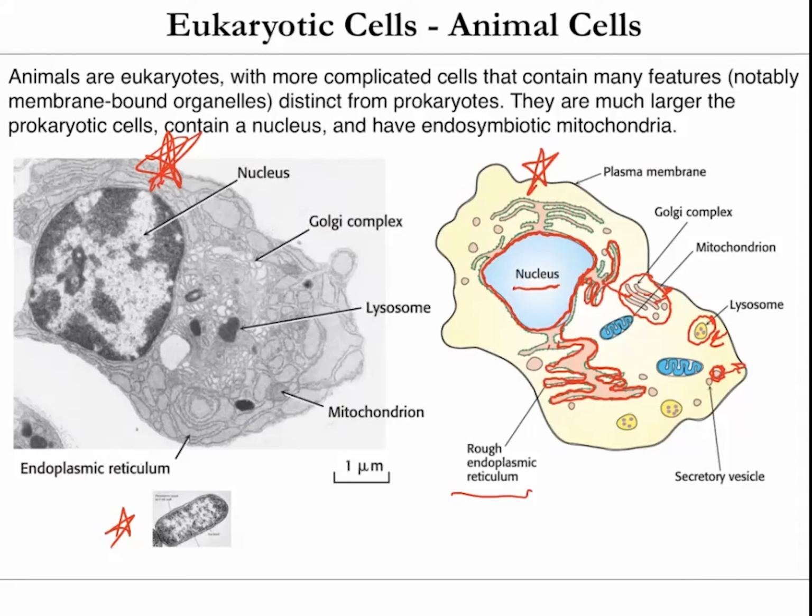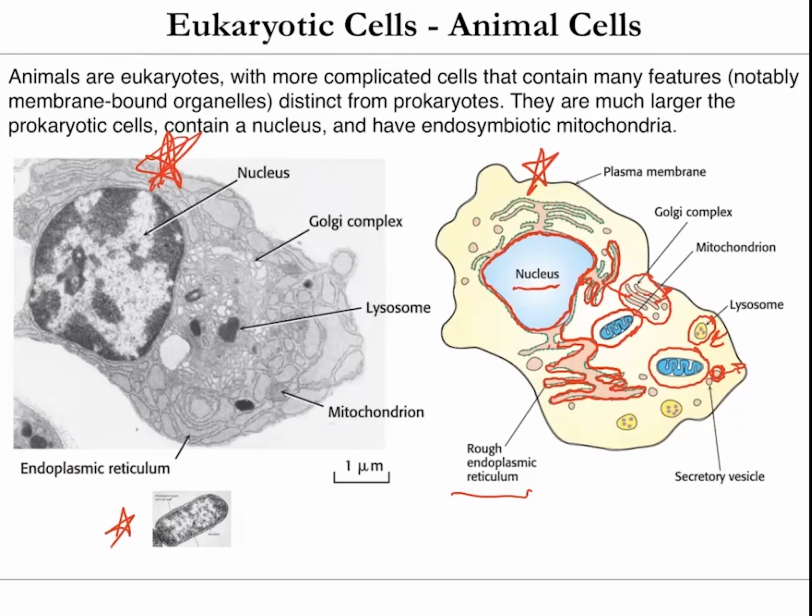One really interesting feature of eukaryotic cells that is related to prokaryotes but really distinct from prokaryotes is that they have these organelles called mitochondria. Mitochondria are really important. They're the powerhouses of the cell because most of the metabolism, most of the ATP synthesized in eukaryotic cells, comes from these mitochondria.